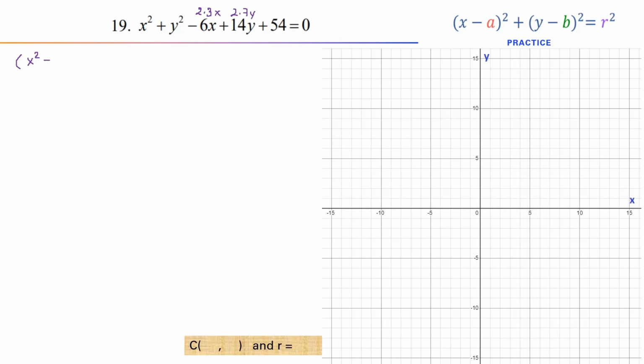So it will be x squared minus 2 times x times 3 plus y squared plus 2 times y times 7 equals, subtract 54 from both sides, negative 54. Now complete the square by adding 3 squared and 7 squared to both sides.